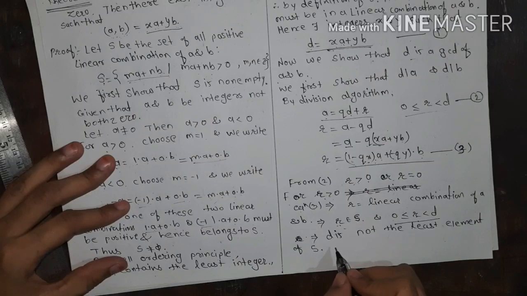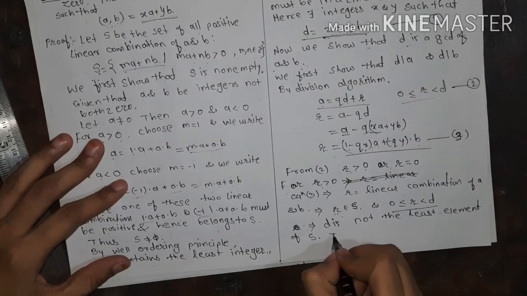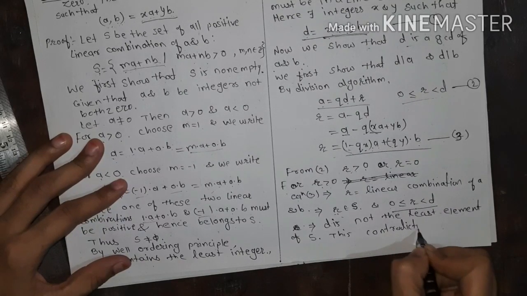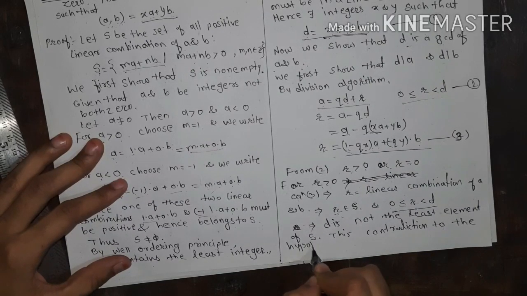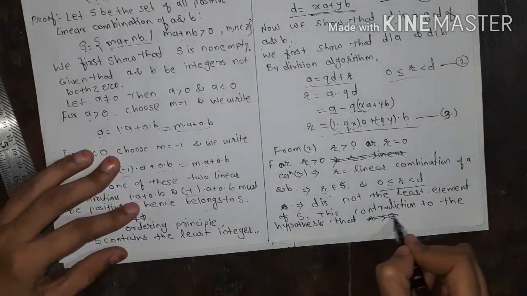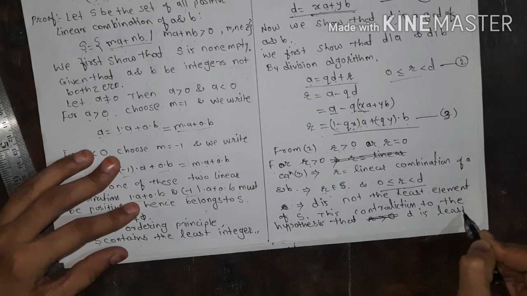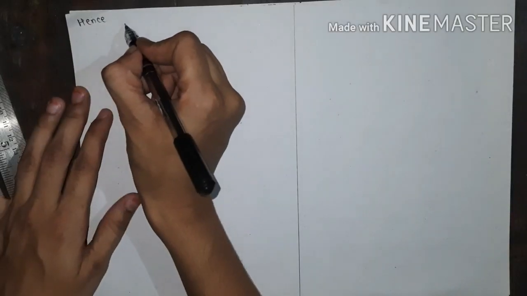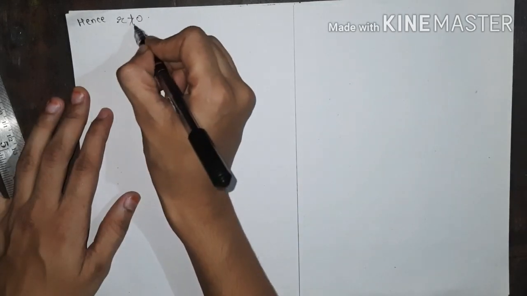So this is a contradiction to the hypothesis that d is the least element. Hence, r greater than 0 is not true.